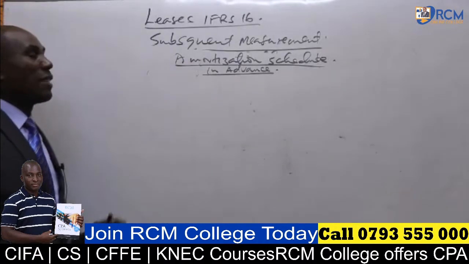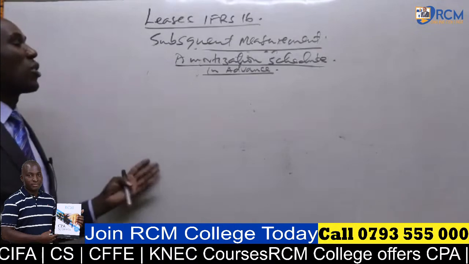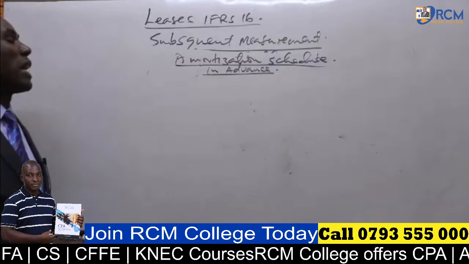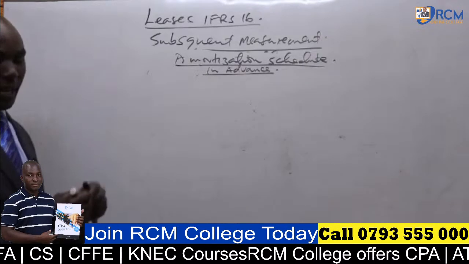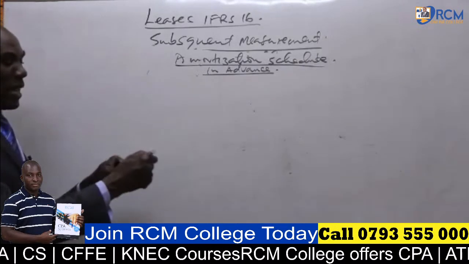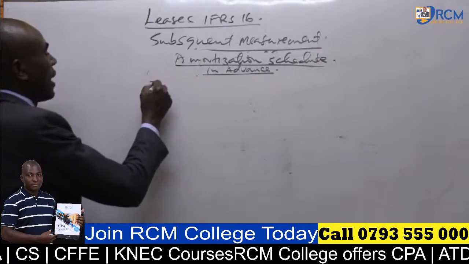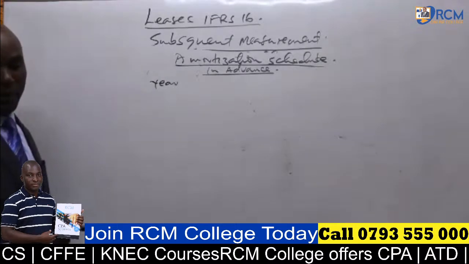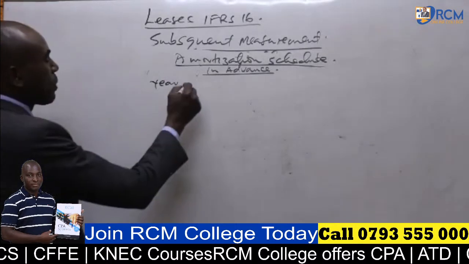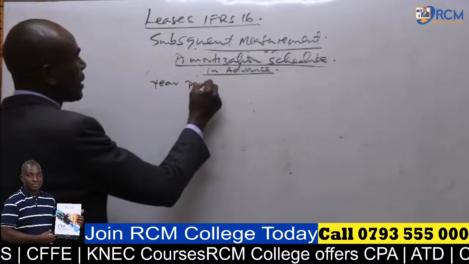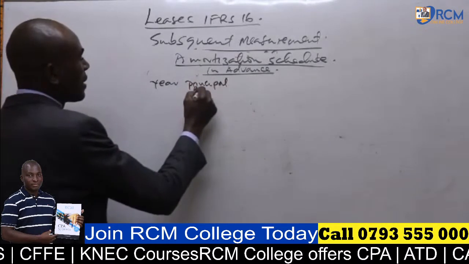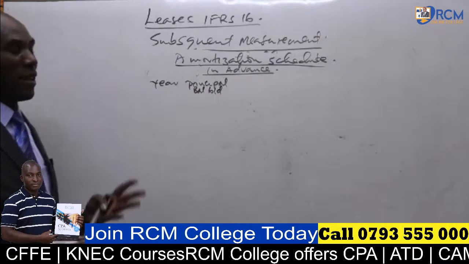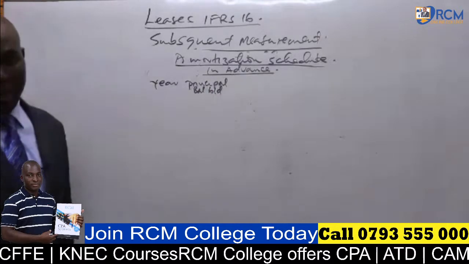Therefore, if it is in advance, how do we prepare that amortization schedule when payments are made in advance? This is how we prepare the amortization schedule. I say year, then balance brought down, the principal balance brought down. That is what I have at the beginning as the value at the beginning of the year.